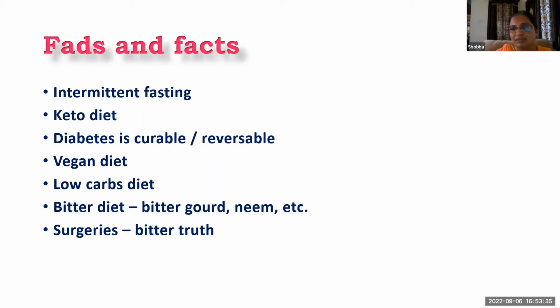This also lands you into trouble because when you're not eating, your body has to produce an adequate amount of glucose to maintain normal blood sugar levels as well as energy levels. So for that purpose, what happens? The glucagon, if you remember, I mentioned glucagon in the earlier slides. This glucagon has to work more. As such, in a diabetic patient, the glucagon is more active compared to a normal person.